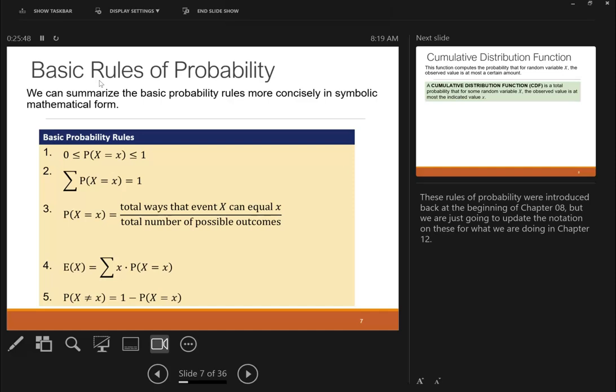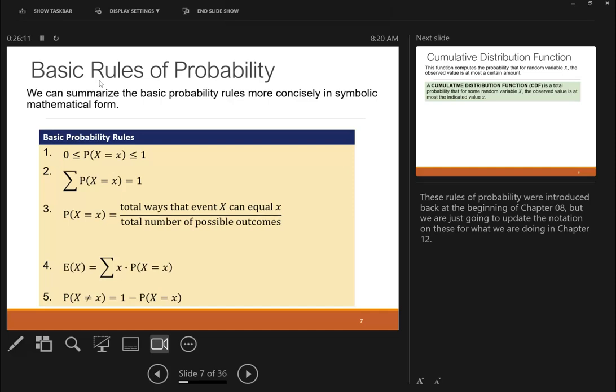The one that looks a little bit different is the expectation, or the expected value, or really kind of the mean. It's the sum of x times the probability that x occurs.